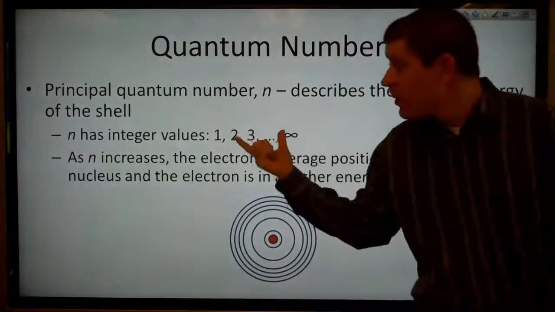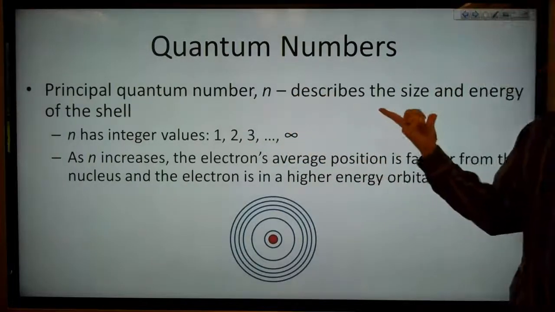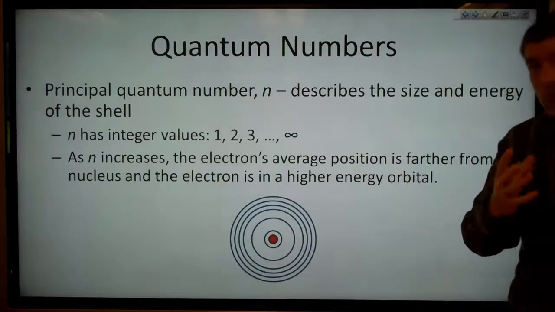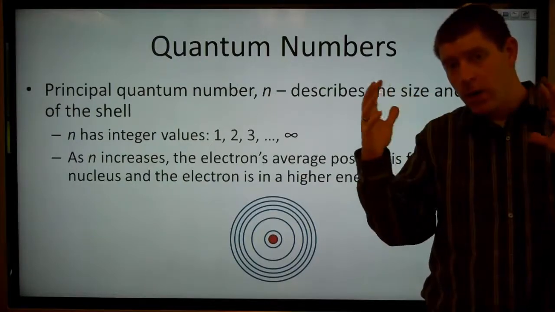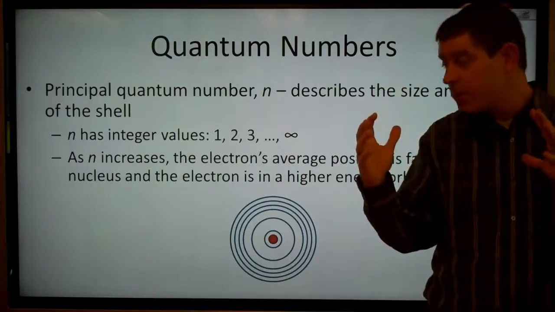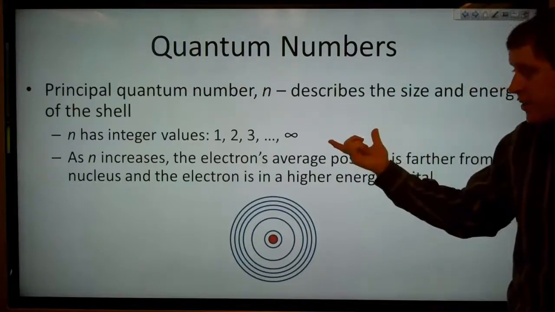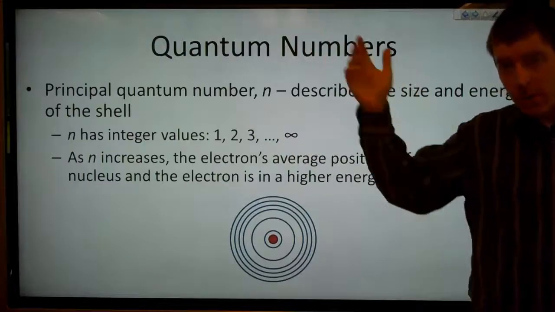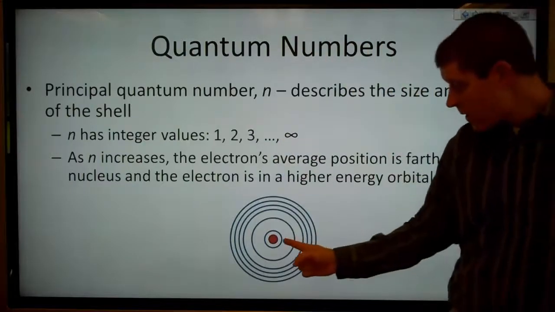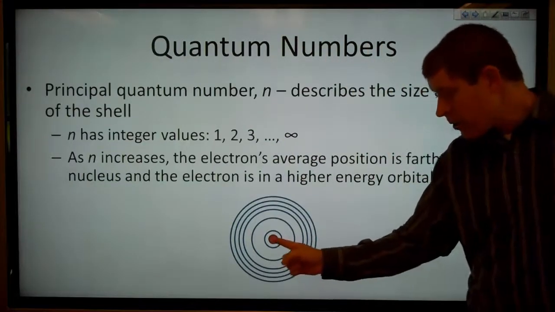The principal quantum number, n, describes the size and energy of the shell. This is basically like the energy level in Bohr's atomic model. n has positive integer values, 1, 2, 3, and so on, all the way up to infinity. So we have the nucleus in the center.